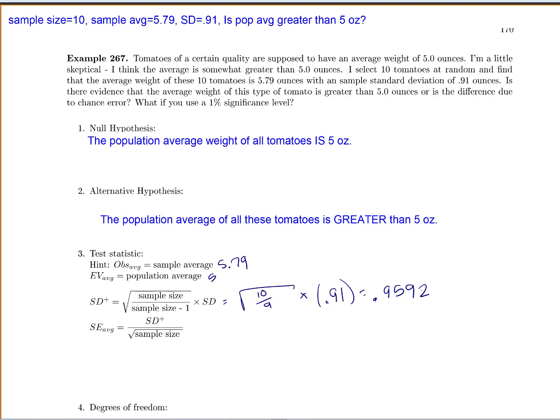Just a little bit bigger, to compensate for that small sample size. And SE average, we'll take that inflated standard deviation over the square root of the sample size, which is the square root of 10. So 0.9592 divided by the square root of 10 gives me 0.3033.